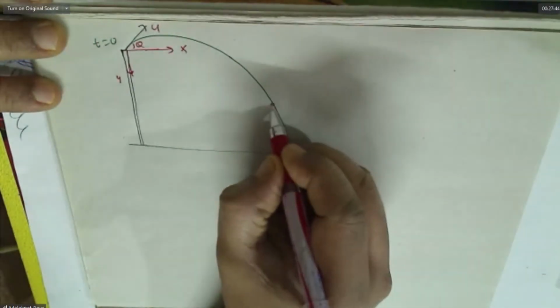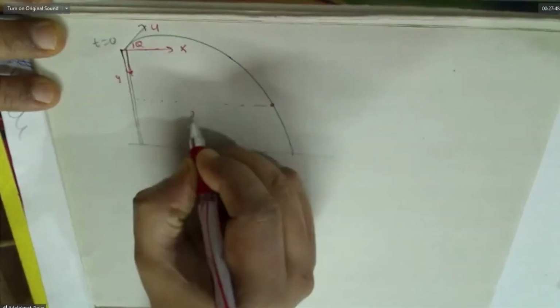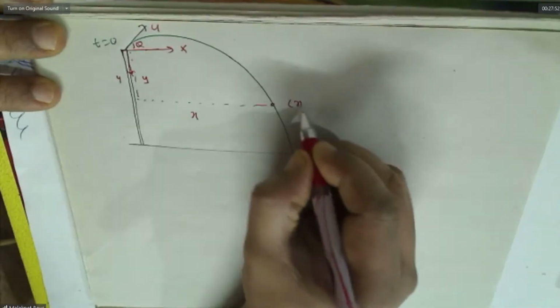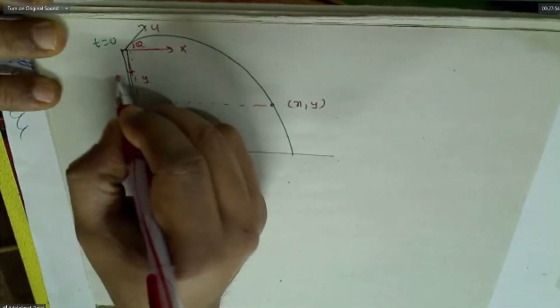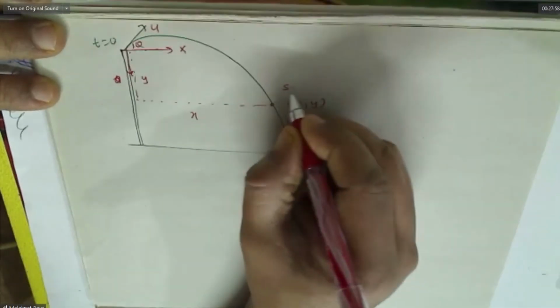At any instant of time, it has come down. Say this is x and this is y. So the coordinates of this are x comma y now. Agreed?